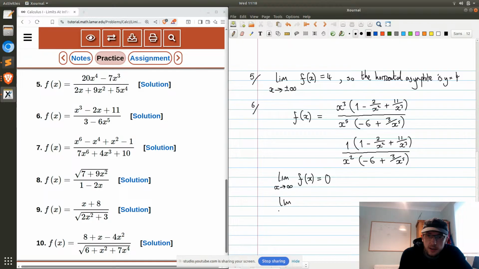And the limit as x approaches negative infinity will be 0.